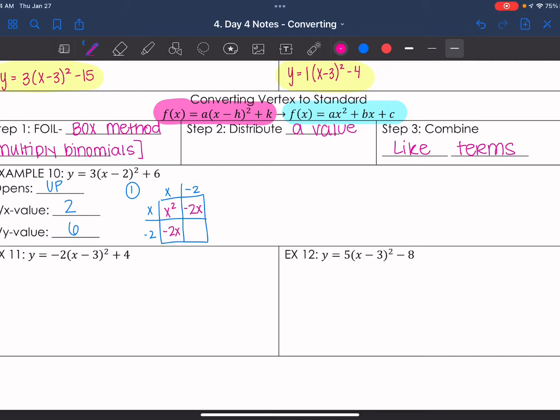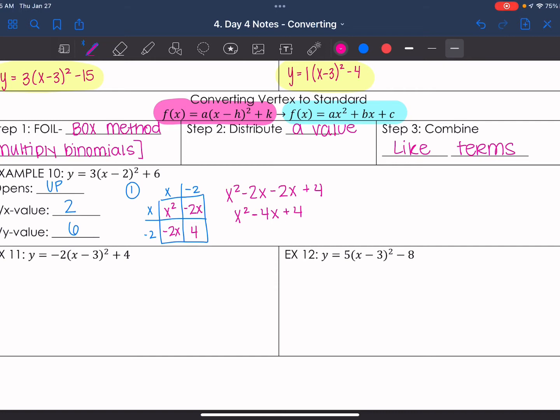And -2 times -2 is +4. We'll rewrite that to give me x squared minus 2x minus 2x plus 4, and then combine our like terms to get x squared minus 4x plus 4.